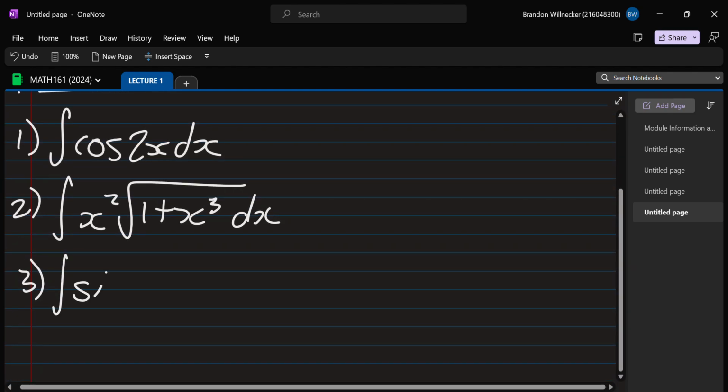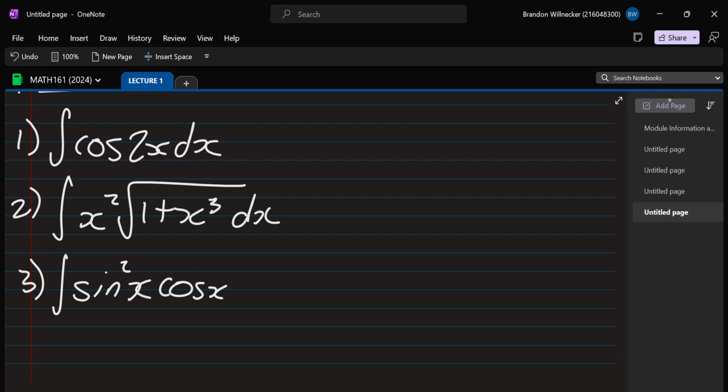Number 3, integral sine squared x cos x. Again, with this one over here, this trig one, we will see this later as an example of a trig integral. So you can either answer this question as a trig integral question, or you can answer it as a u-substitution, or even you can do it using integration by parts, which we will look at later. But please, try to use substitution first.